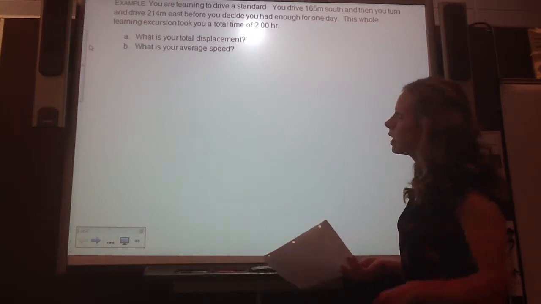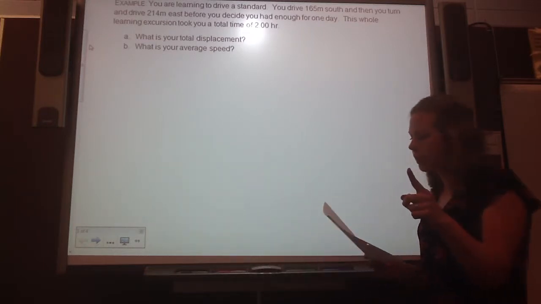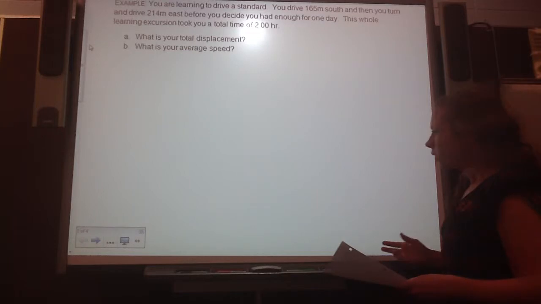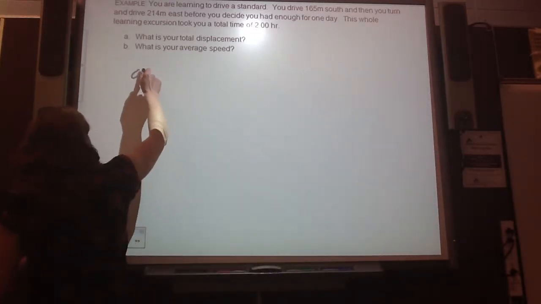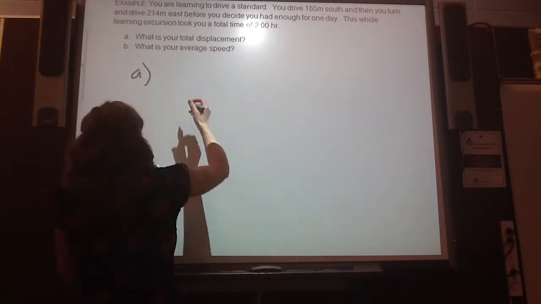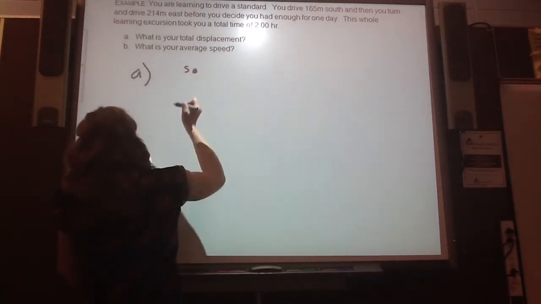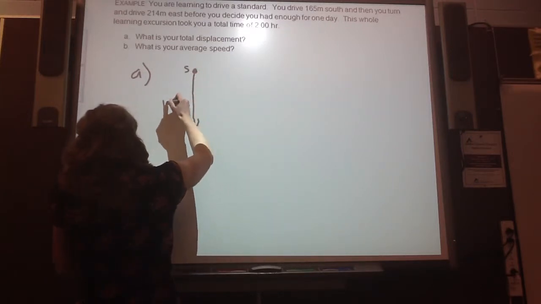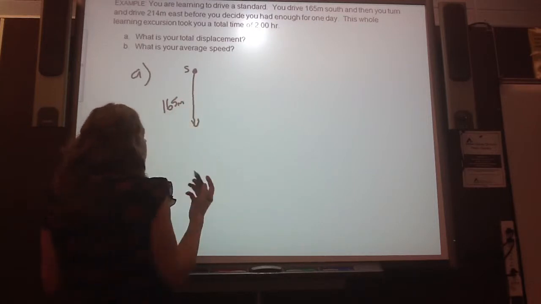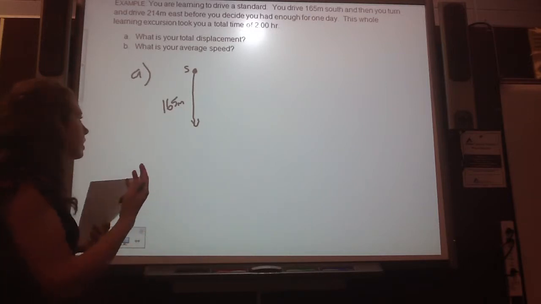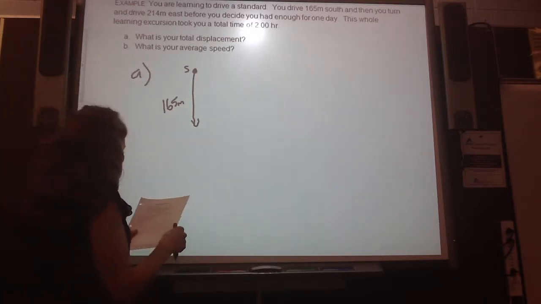Okay, so my displacement, I need to remember, refers to a vector quantity. Average speed refers to a scalar quantity where I need my total distance. So, in order to do A, as this is a vector quantity, I need to draw out all of my vectors. So say here, this is my start. So I go down south 165 meters. Now I don't need to draw this equivalent centimeters or anything. I'm just going to guesstimate and say this arrow represents 165 meters.